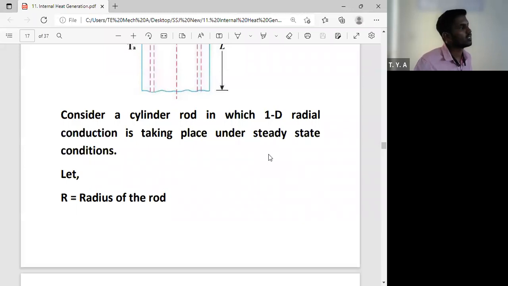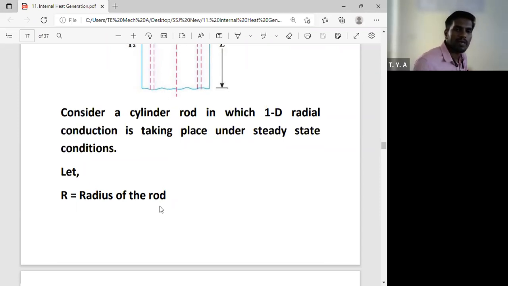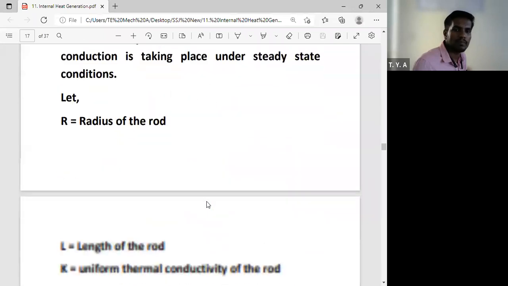Balaji, don't discuss. Let capital R be the radius of the rod.